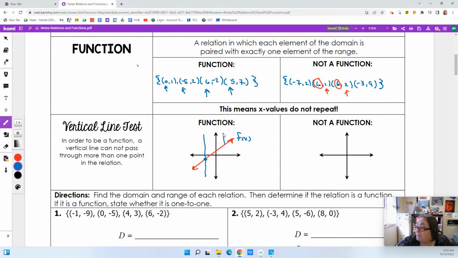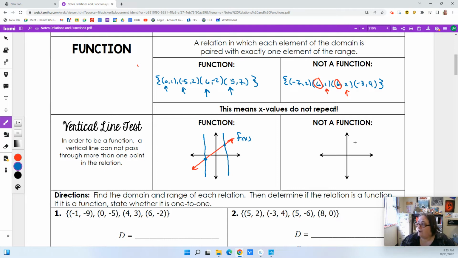If I dropped a vertical line here, it'll only cross in one spot. If I dropped a vertical line there, it would only cross in one spot. So a graph of a function would look something like this.